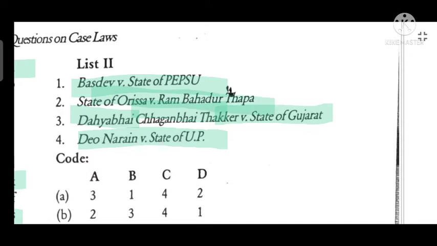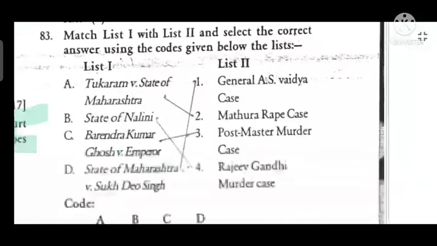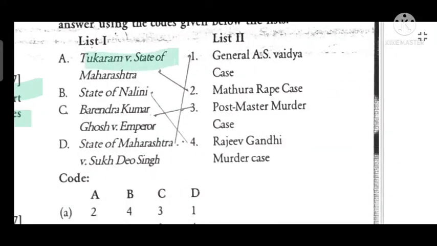State of Odisha versus Ram Bahadur Thapa, mistake of fact. Tukaram versus State of Maharashtra, Mathura rape case. State versus Nalini, Rajiv Gandhi murder case. Barendra Kumar Ghosh versus Emperor, postmaster murder case.